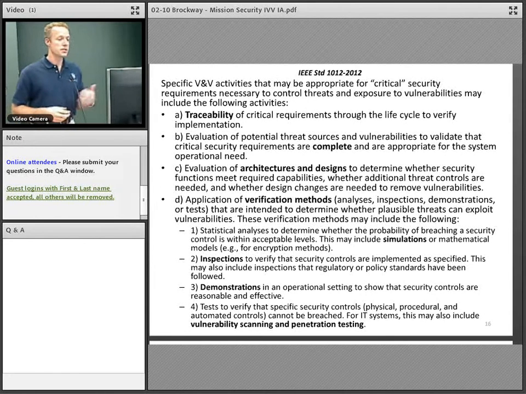Again, there's that appropriate, adequate aspect, and this helps in negotiating with missions and programs to help define what appropriateness is. Evaluation of the architectures and designs, and the application of verification methods, much like you would do in other target areas of an IV&V analysis or a test exercise, simulations, inspections, demonstrations, and then vulnerability scanning and penetration, which is a fundamental component to examining security posture.